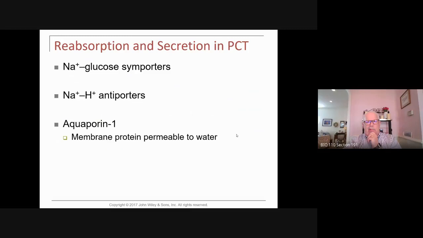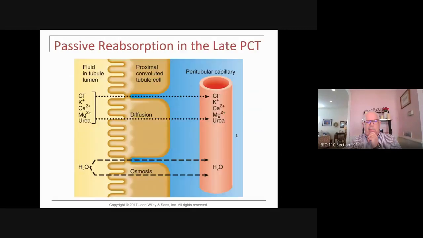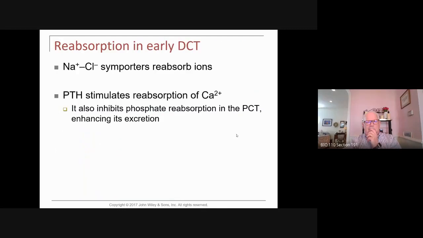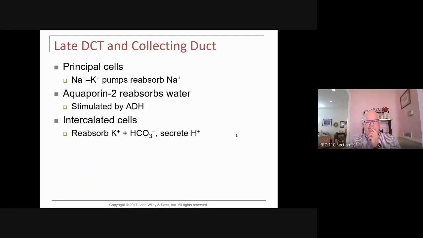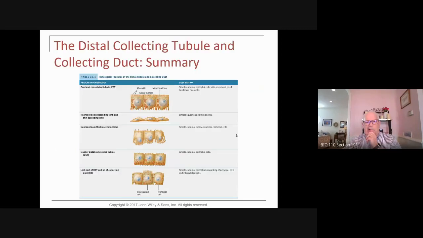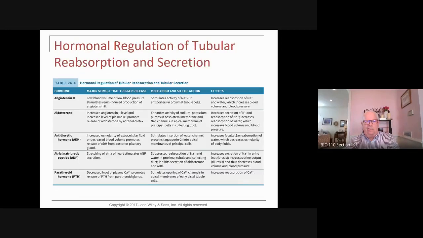Not important. Really not important stuff about reabsorption. That's not important. Okay? And I'm not going to ask you the structures of the distal convoluted tubule and collecting duct. That's not important. But I am certainly going to ask you questions on hormones.